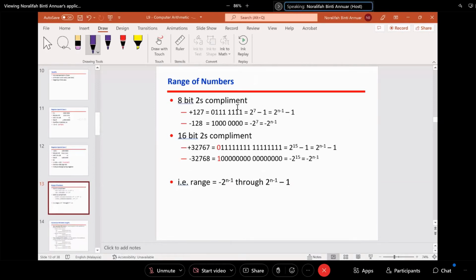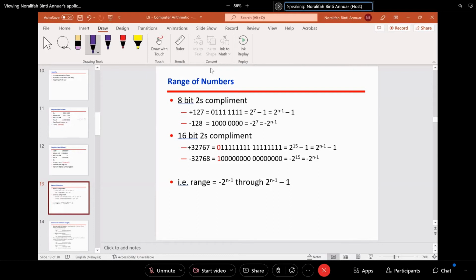Ini you kena, this is the short way, the formula of how a computer does the calculation. 8 bits complement, ini formula dia lah. Okay, kalau you nak tahu, let's see. Kalau 8 bits, 8 bit two's complement, if positive, this is a formula actually. 8 bit menggunakan 2 complement, how they do it.